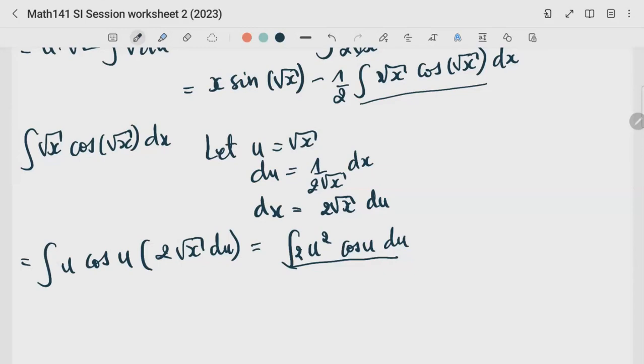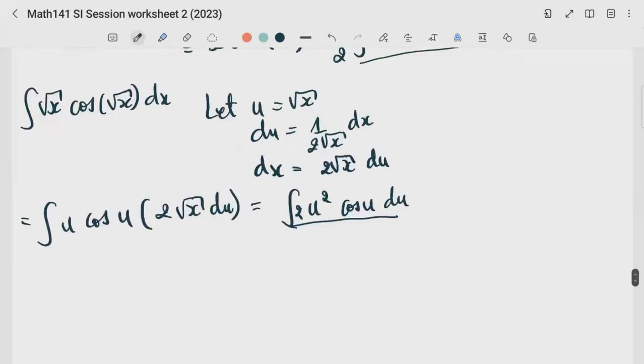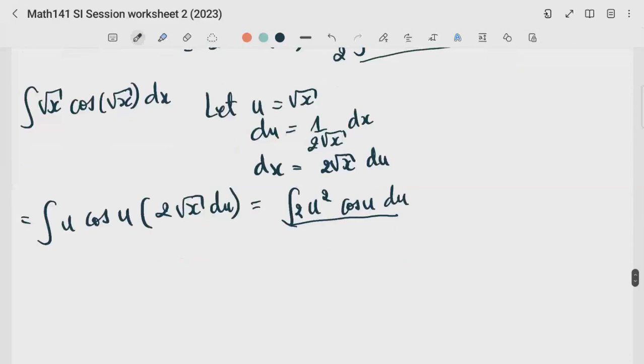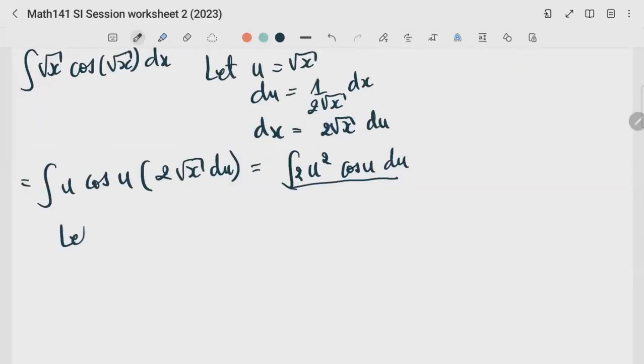Maybe integration by parts. Integration by parts, right. So we can use integration by parts. Let's try that. So what should our, let's use f and dg. So what should our f be? What should our dg be?